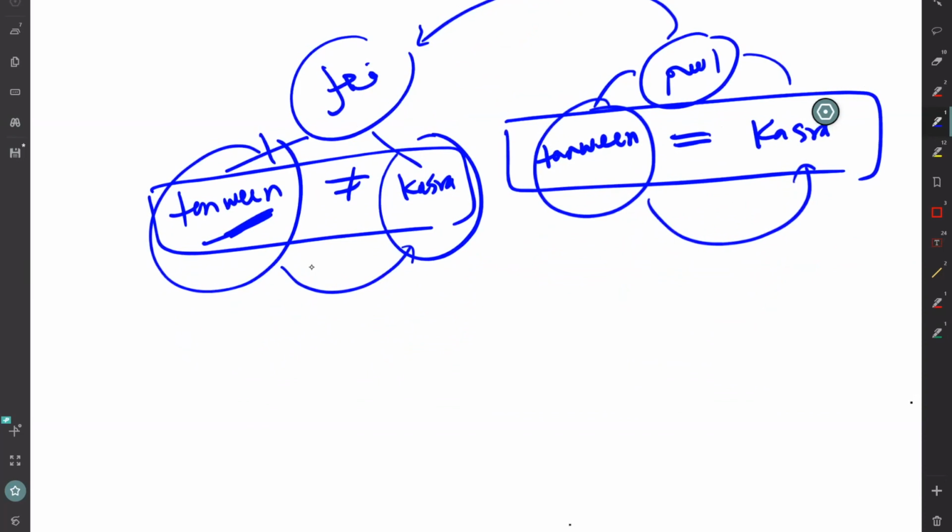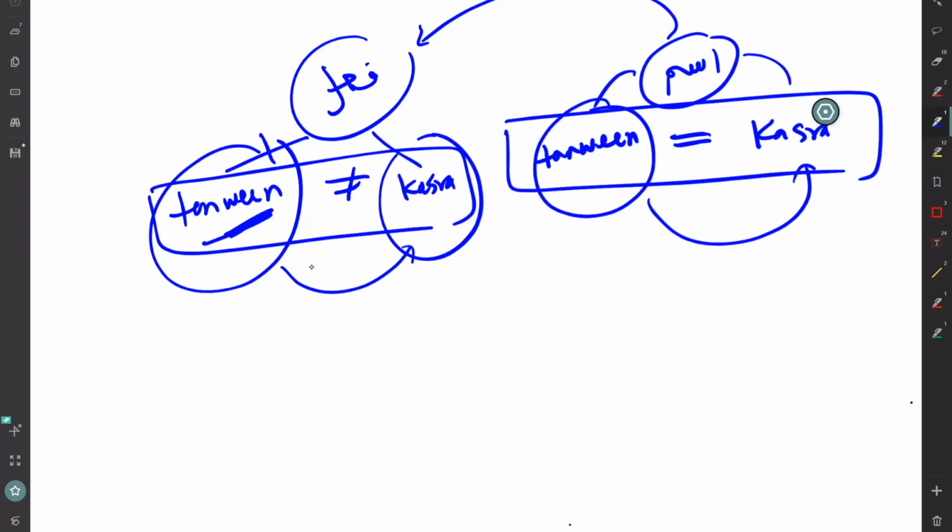If you cannot accept tanween, you can think that you are being penalized, or you lose your right of accepting kasra. This is the way that I want you to think. So if you cannot accept tanween, you will be penalized by not being able to accept kasra. You resemble more like a verb.